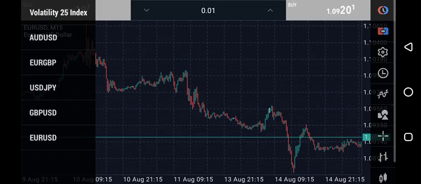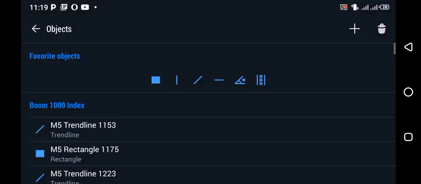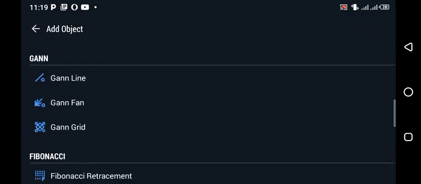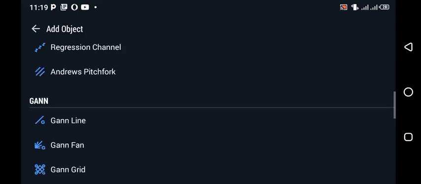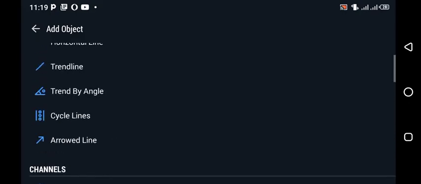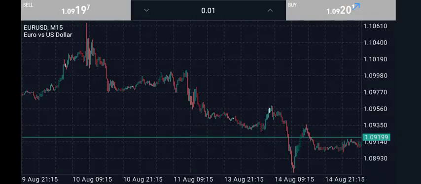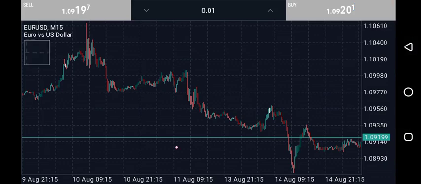Let me bring out some tools to explain how the market moves. These are some tools. Don't worry. When you get used to trading, you will start familiarizing yourself with all these tools. The first way is the upward movement.